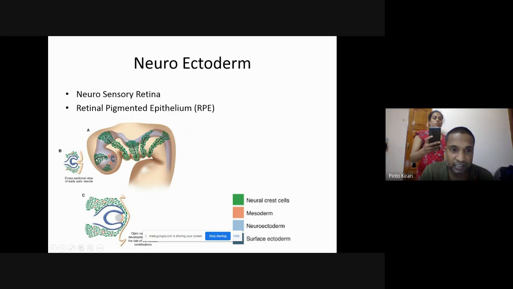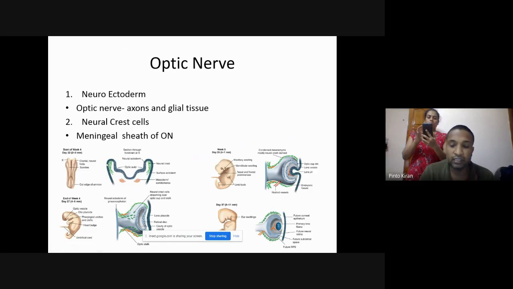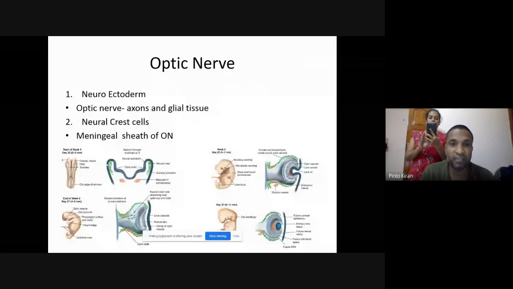And you can make out these are the cells, how they migrate and how they differentiate themselves. The green structure is nothing but neural crest cells, the orange structures are the mesoderm, and the blue structures are the neuroectoderm.